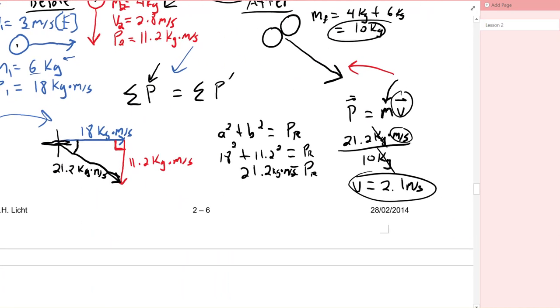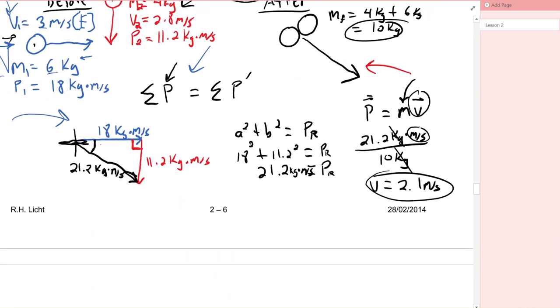We need to do a little bit of Pythagorean theorem, right? We just need to find the angle right there. So the angle right there will be, well, you could really use any of them, but I'll use my more original numbers, my 18 and my 11.2. So this is my opposite, this is my adjacent, so that's tan. So I'm going to say tan theta, tan of the angle, is equal to opposite, 11.2, over 18.